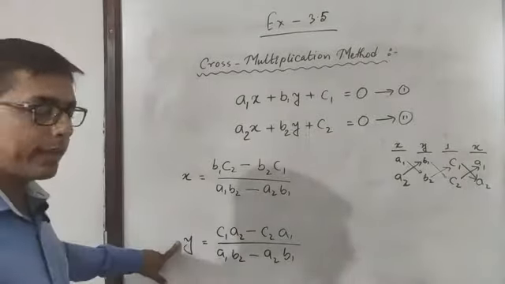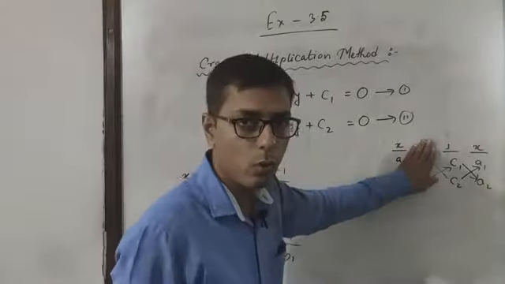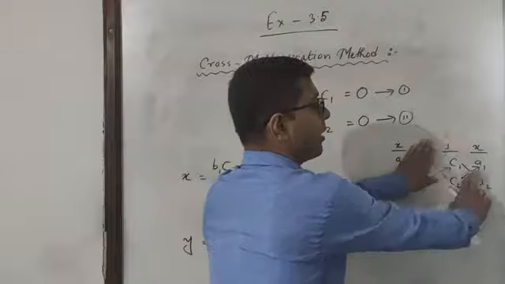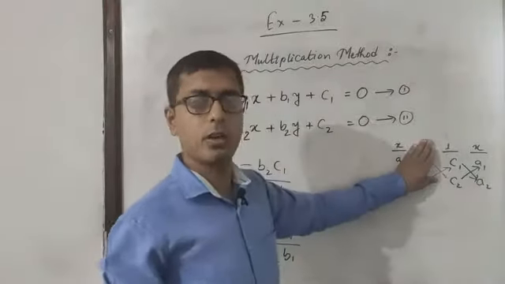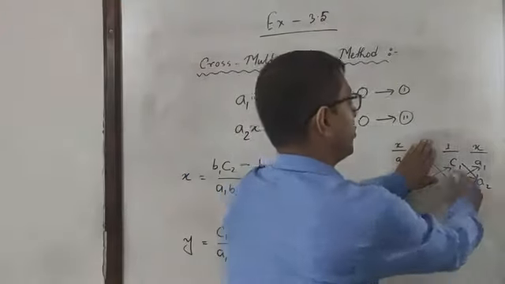To get the value of y, you have to exclude y. After that, you need to multiply the constant part and the coefficients of x, that is c1 into a2 minus c2 into a1.